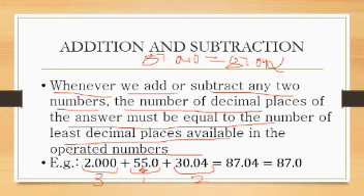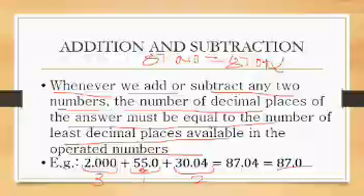And whenever we arrange according to the second number, the answer must have only one decimal place. And if you consider only one decimal place, the answer should be 87.0. You can't write 87, you can't write 87.04, you can't write 87.040. You must write 87.0. Okay.